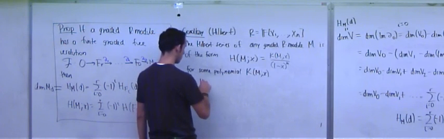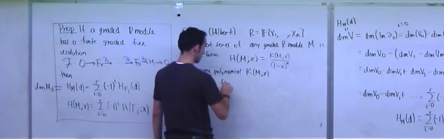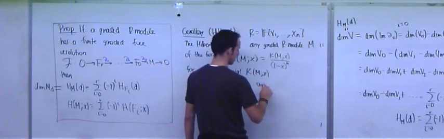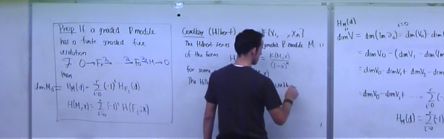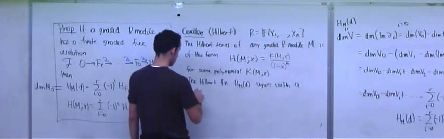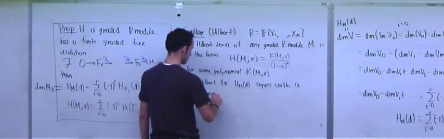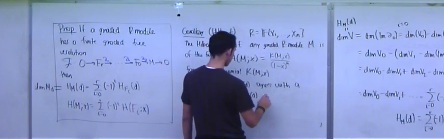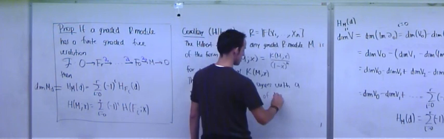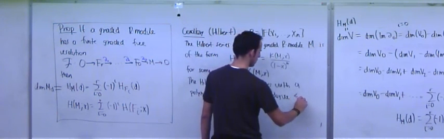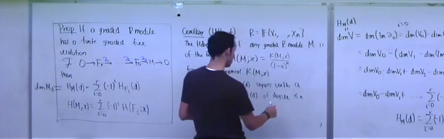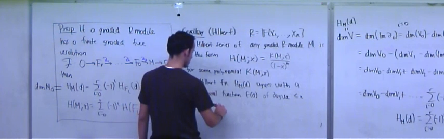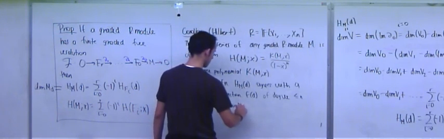The Hilbert function h sub m of d agrees with a polynomial function, f of d, of degree less than or equal to n, for all large enough d.